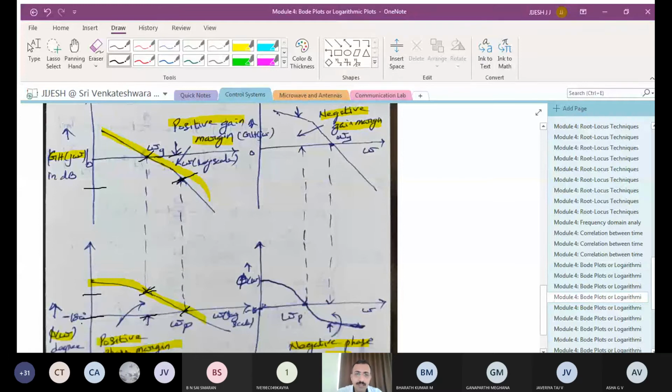The difference between these two things you call the positive gain margin. If it is below the zero axis, you call it a positive gain margin. If it is above the minus 180 degree, you call it a positive phase margin.